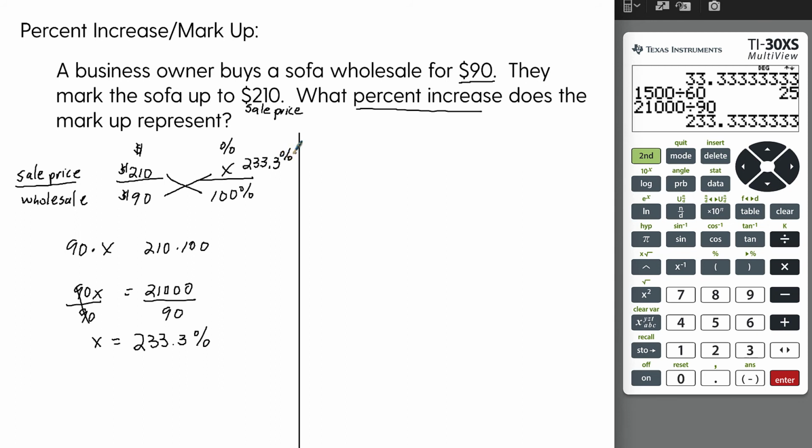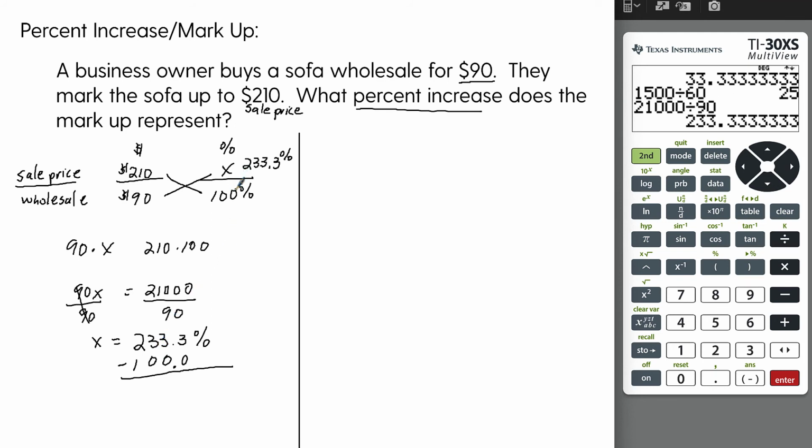Okay? So what is the percent increase? Well, we started at 100 and it went up to 233. So if we subtract 100 from this, that's the difference, right? Our answer is not 233. Our answer is subtracting 100 from that, because that's where we started.